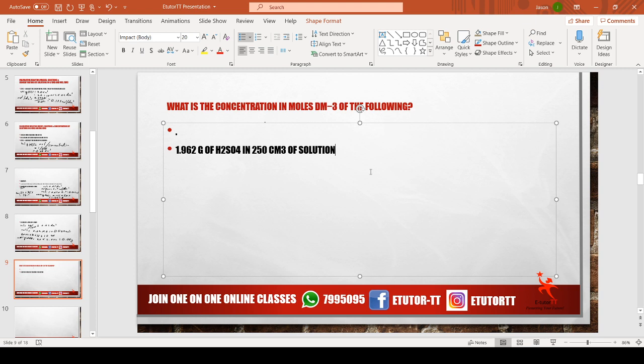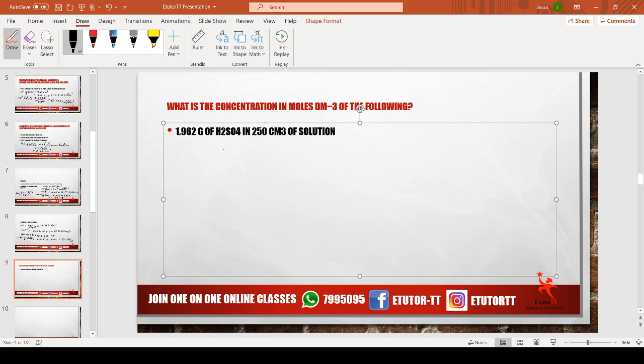So you're going to work it out for this equation. Where my pen go now? So we've got to calculate the RMM, then work out moles first. So first things first, let's work out the RMM.